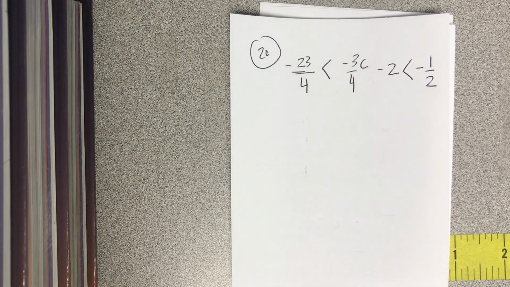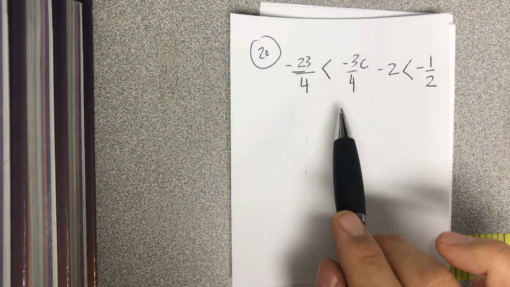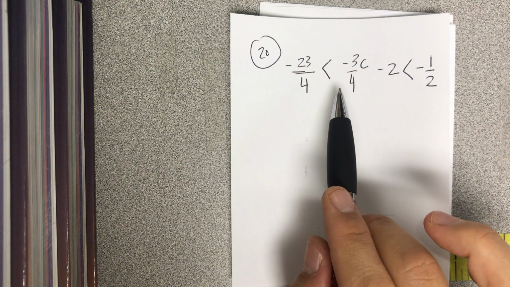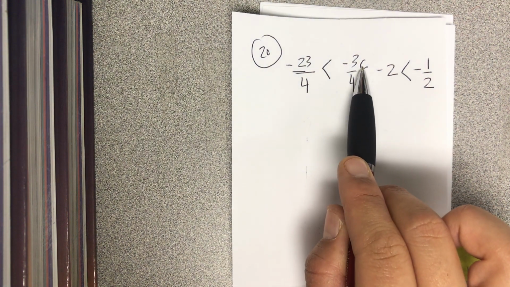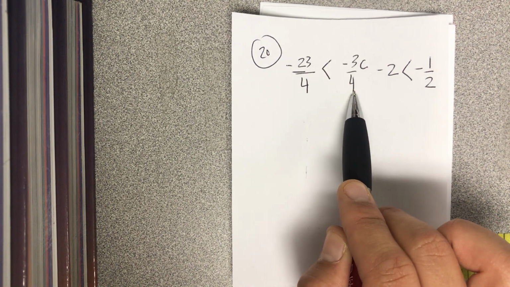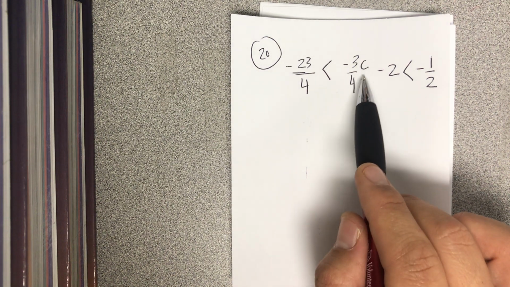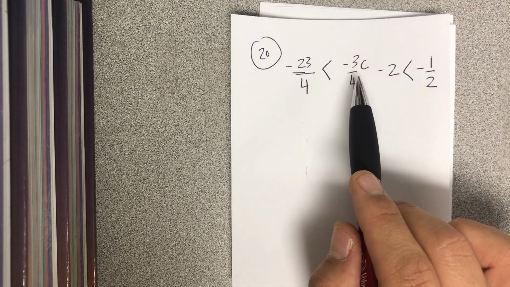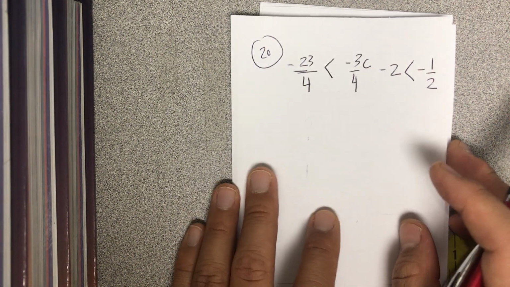Okay, so I already know that if they want to know the sum of all the integer solutions to the inequality above, we need to find out what c is. There's going to be a dividing thing happening, and when you divide by a negative, you have to flip the signs. Once we find all the values of c, what they want you to do is add them up. That's why they say the sum.